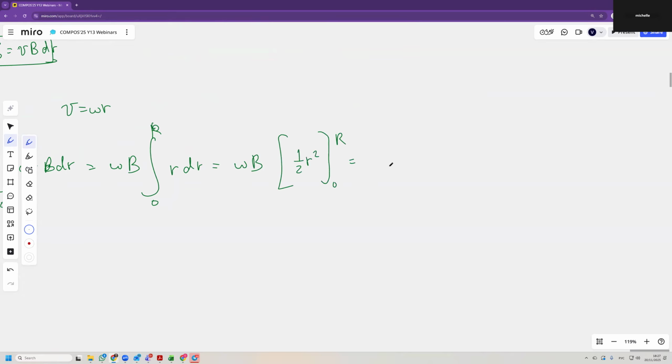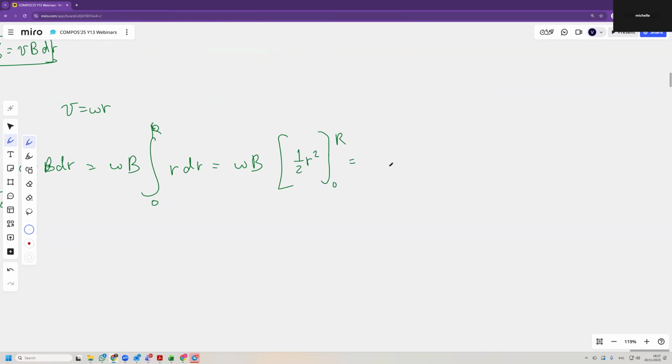So for part A, the EMF is 1/2 omega B r squared, since the integral of x dx is 1/2 x squared.